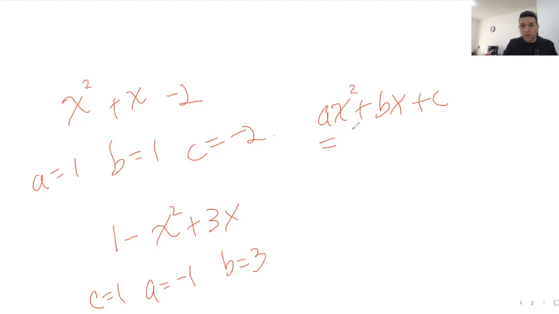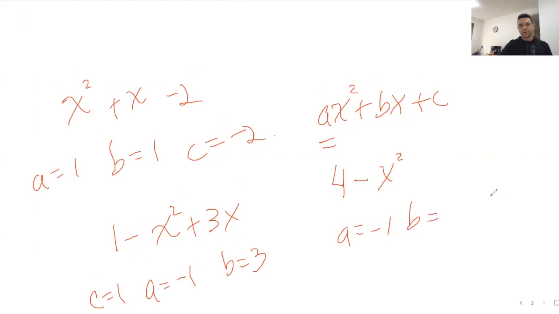So they may not always give it to you nicely organized in descending order. Sometimes it might be mixed up like this. Just remember that they will not always give it to you in descending order. Let's see another one. 4 minus x squared. Our A equals negative 1, right?